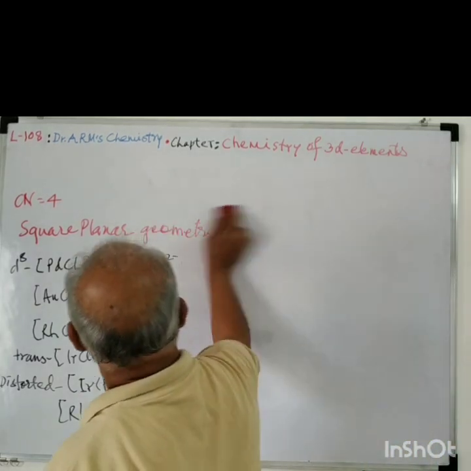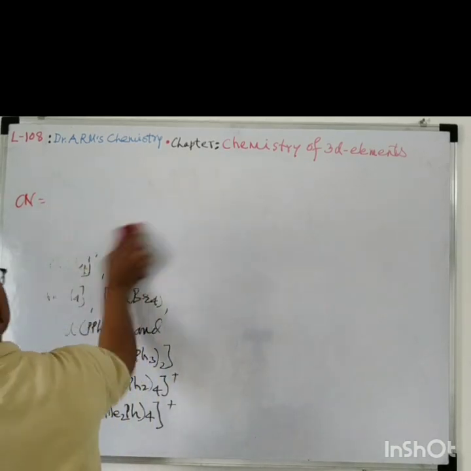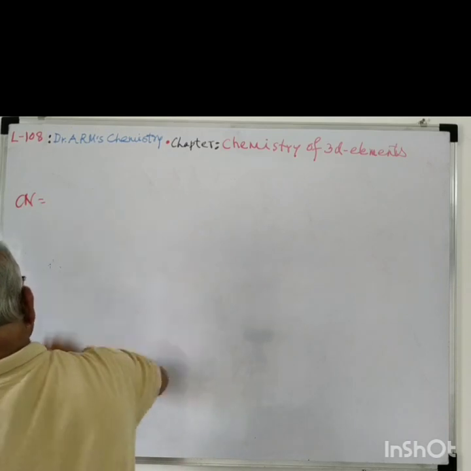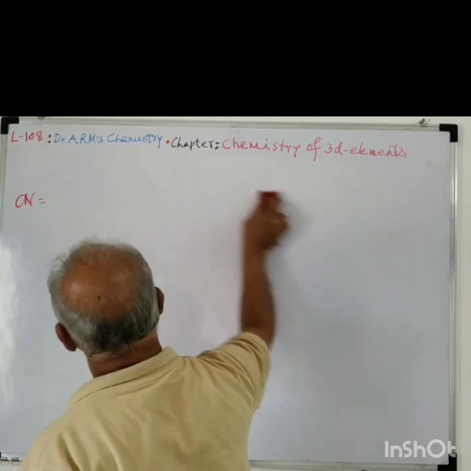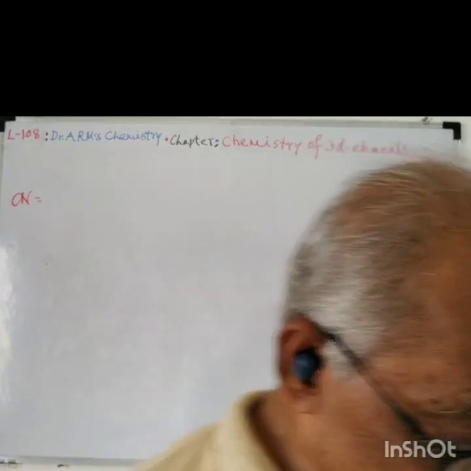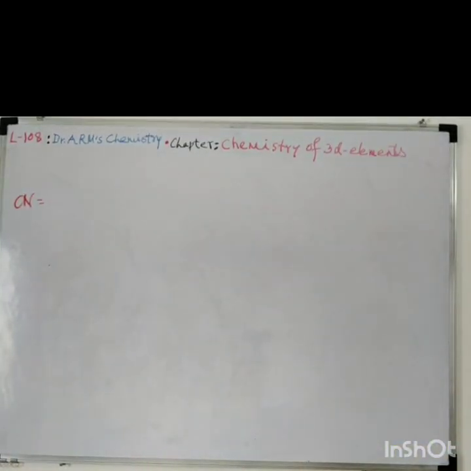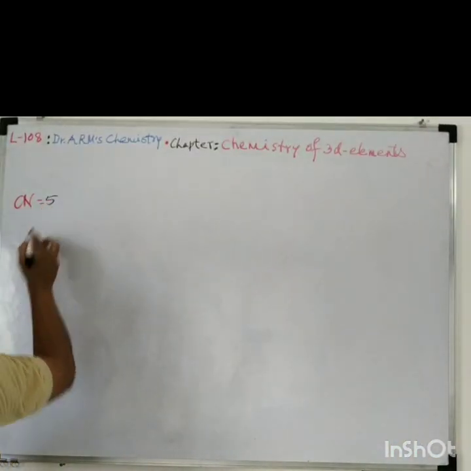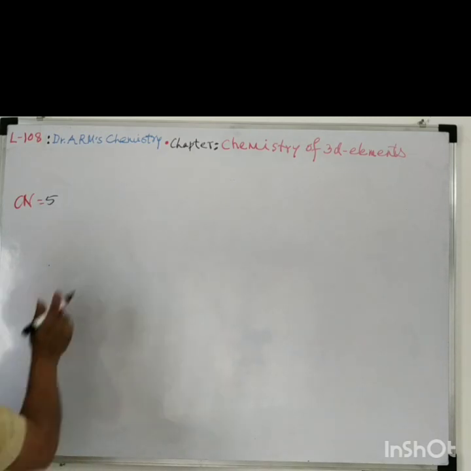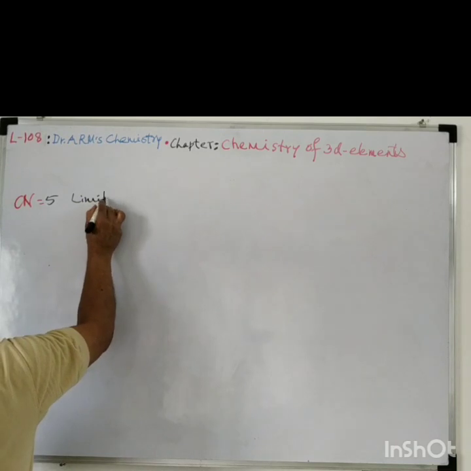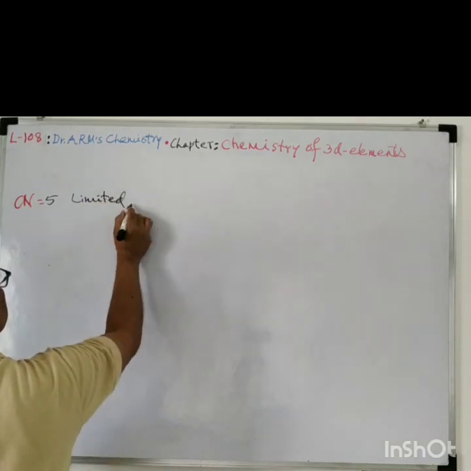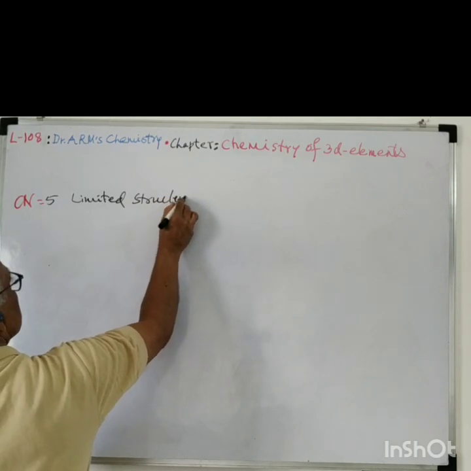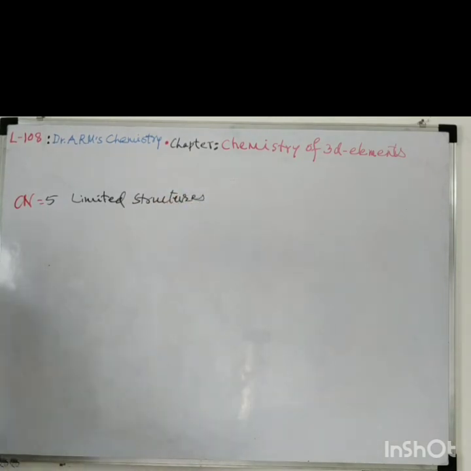Now we will see the next coordination number 5, transition metal complexes with coordination number 5. This class of coordination number 5 is having limited examples or limited structures. So they have different types of arrangements under this title.